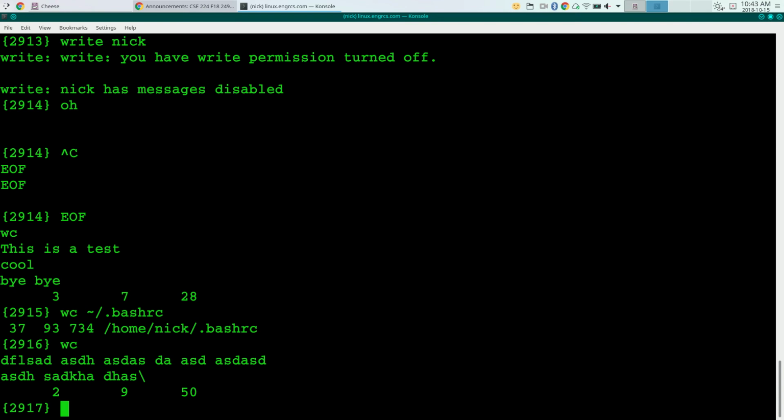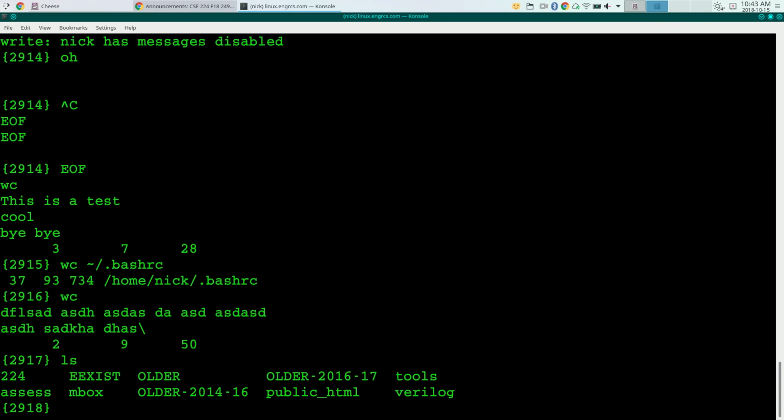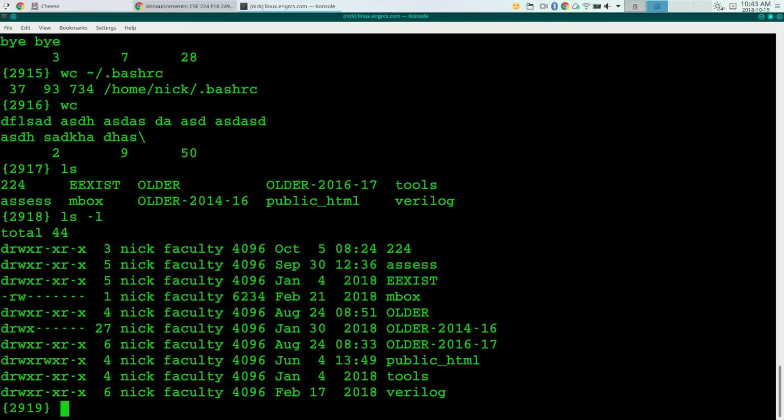All right, now ls is a command that shows me my files, all right? ls -l shows me a bunch of information about my files. So if I were to count the number of lines in this output, that would tell me how many files I have in my directory, right? So here's what I can do.